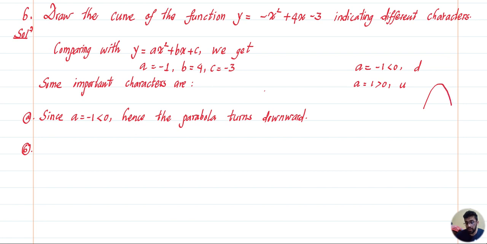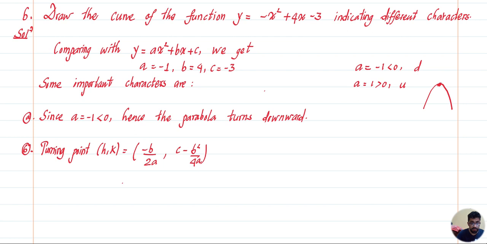So in the next point, what can we find is, we can find the turning point or the vertex of the given parabola. The turning point, that is the point at the center, that is the vertex of the parabola, is said to be the turning point. The turning point or the vertex h comma k can be generally found directly by using the formula minus b upon 2a comma c minus b square upon 4a.